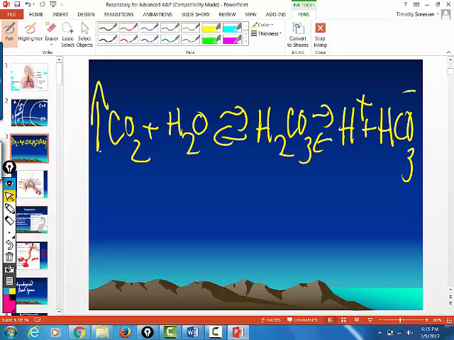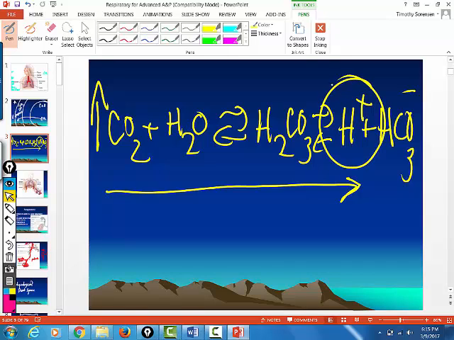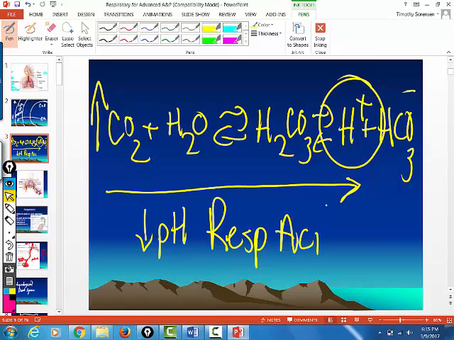So because it goes up, it's going to force the equation to the right, and you will form more free-floating hydrogen ions. So what will hypoventilation do to the pH of the blood? It will decrease it, right? So you will have a drop in pH, and when you drop the pH below 7.35, and it's a result of the respiratory system, that's called a respiratory acidosis.